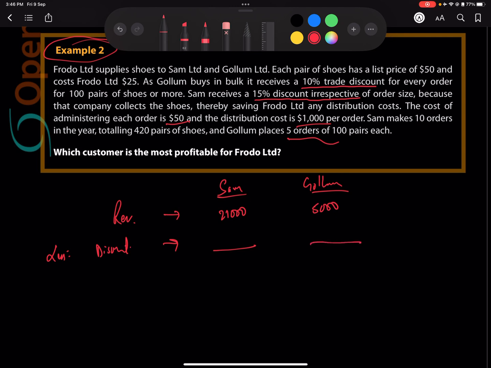Irrespective of the size, it's 15% for the other one, so 15% of 5,000 is 750.